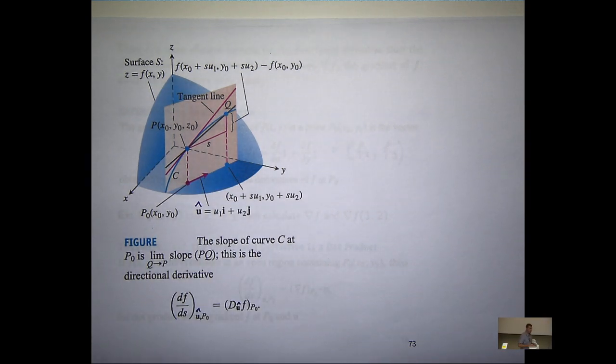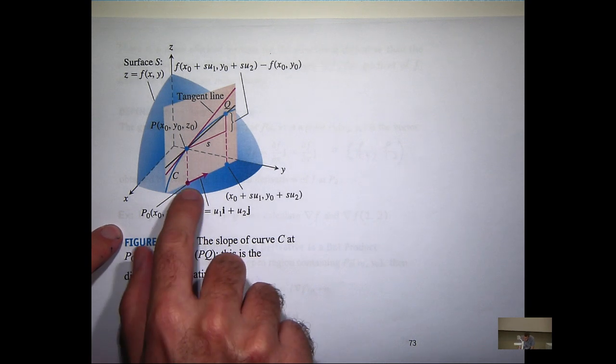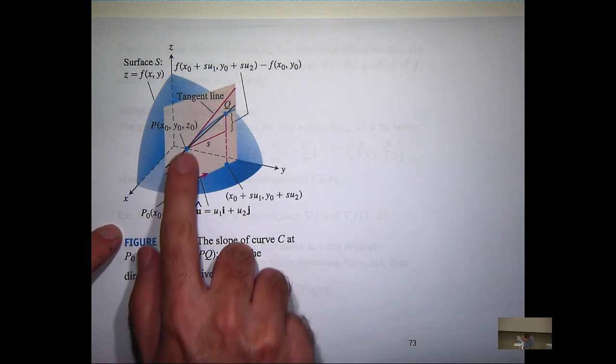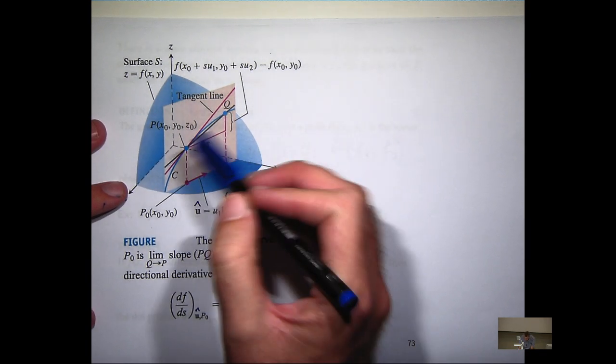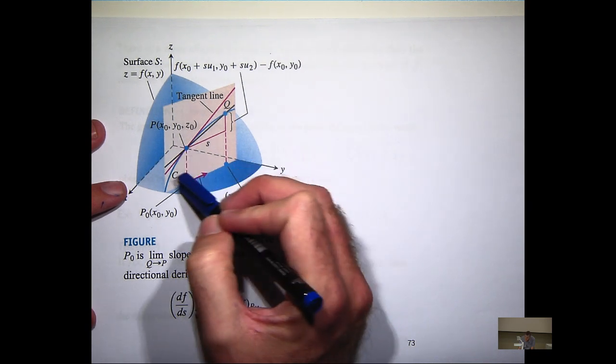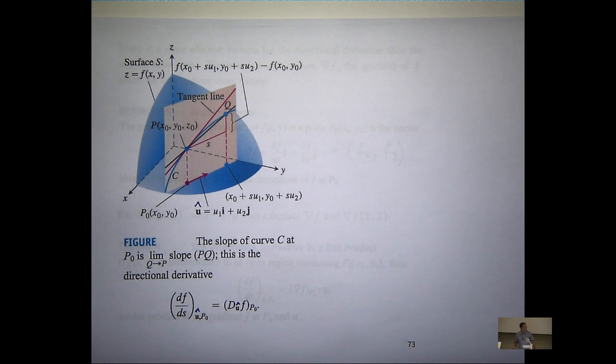It's going to point in some direction, this unit vector. Now, if you go straight up from the point P0, you're going to touch the surface at one point. If you combine this vector here and this vector here, they're going to span this pinky, orangey plane. So they'll lie in a plane.